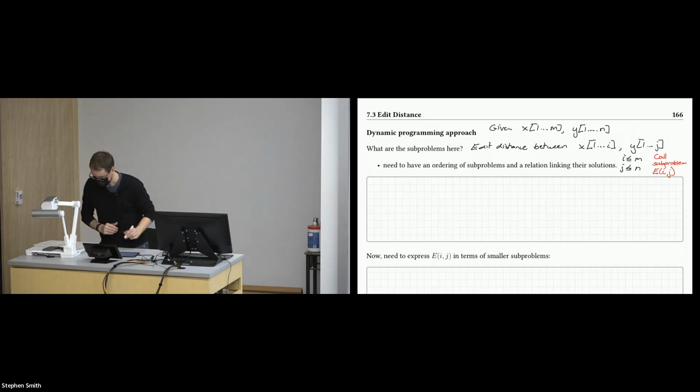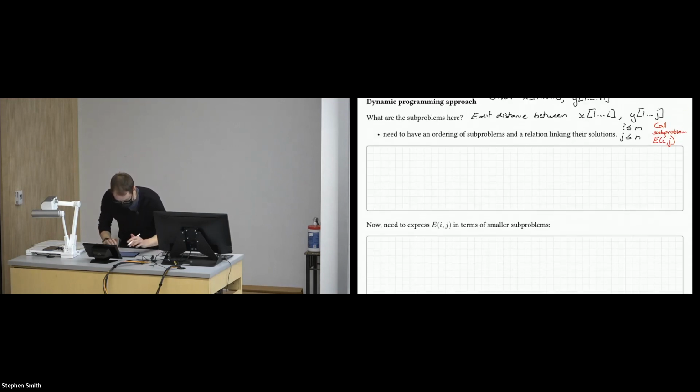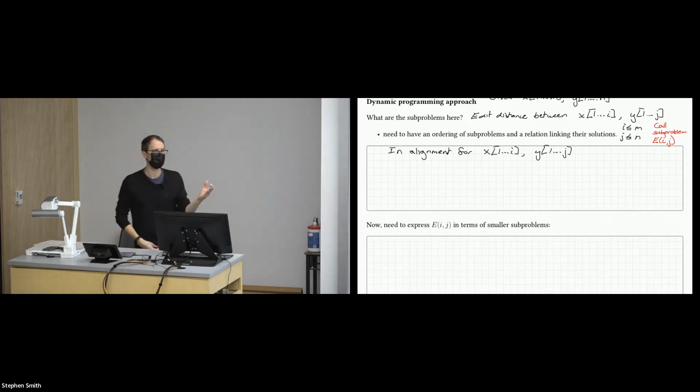So let's look at the alignment for x from 1 to i and y from 1 to j, because I want to write that solution as a function of the solutions to the smaller ones.